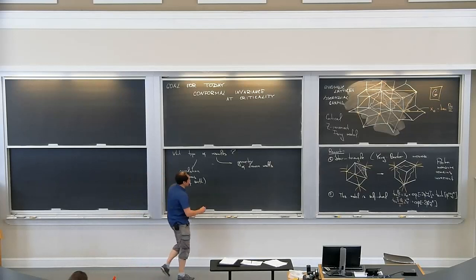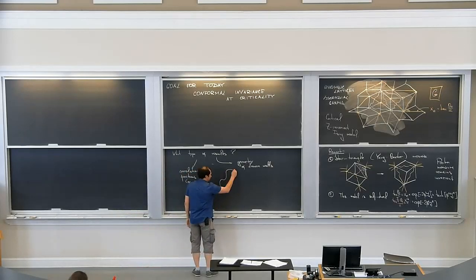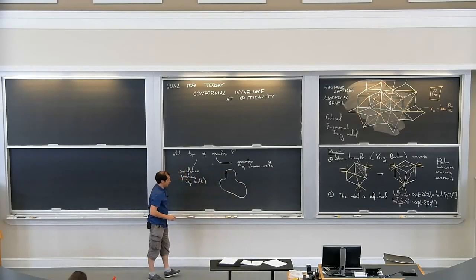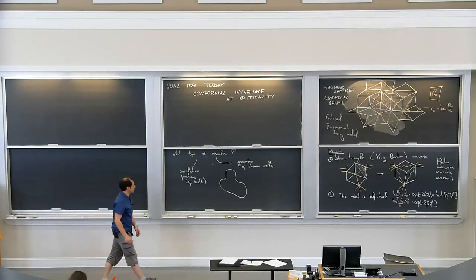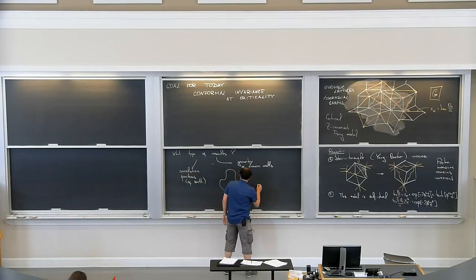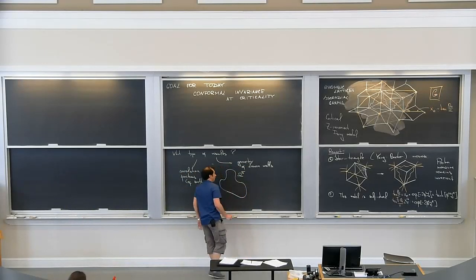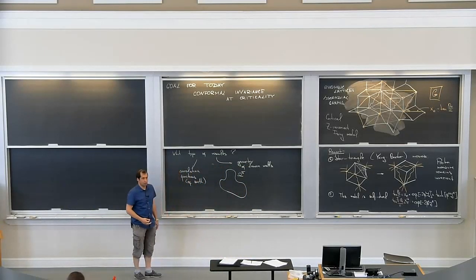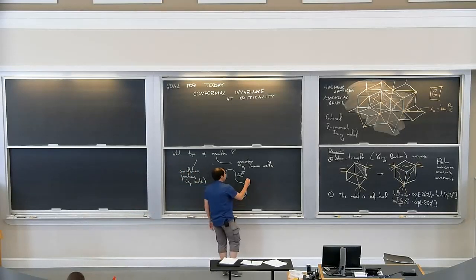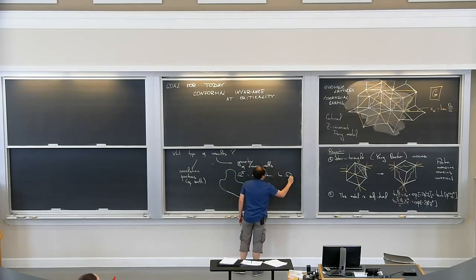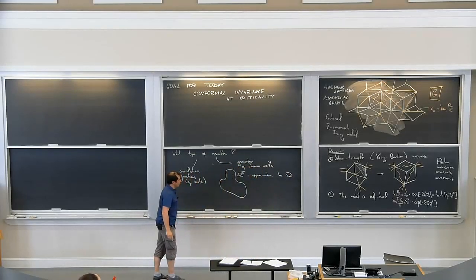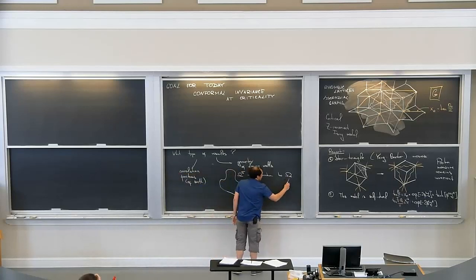I always assume that there is a fixed domain in a plane, just a general shape, and that I have a discrete approximation to a given shape. So this is an approximation to omega, which is a fixed domain.